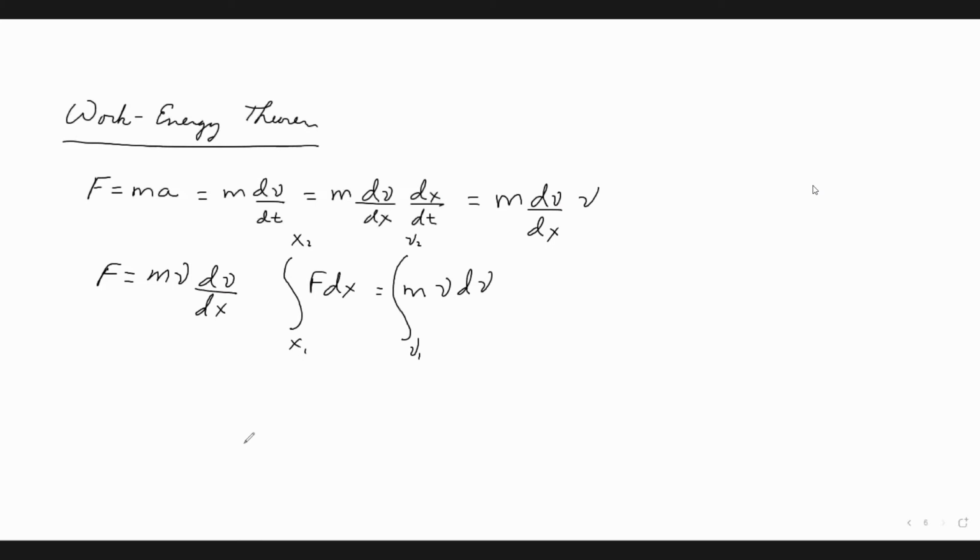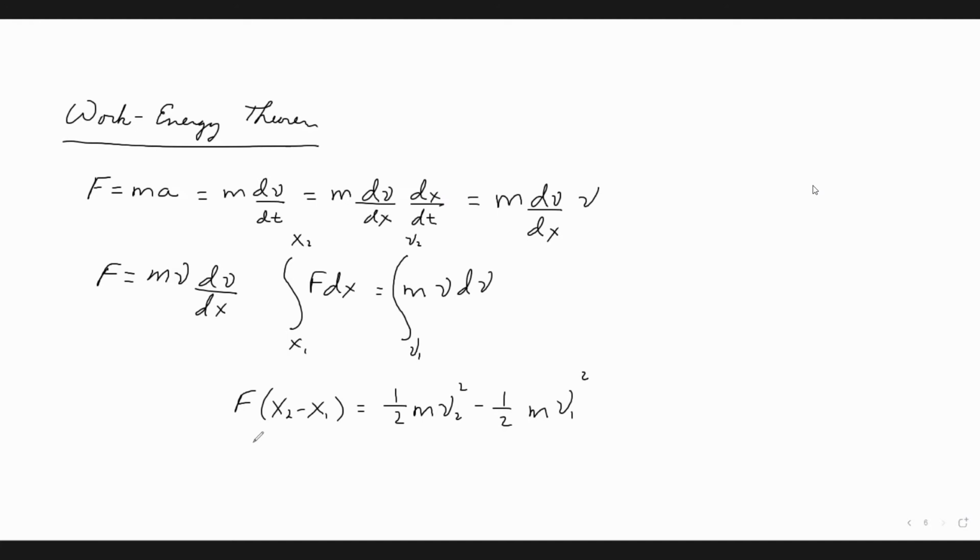So this becomes F times (x2 minus x1) equals 1/2 m v2 squared. Now I did that integration in my head. Is everybody okay with that? v dv is 1/2 v squared, right? Minus 1/2 m v1 squared.